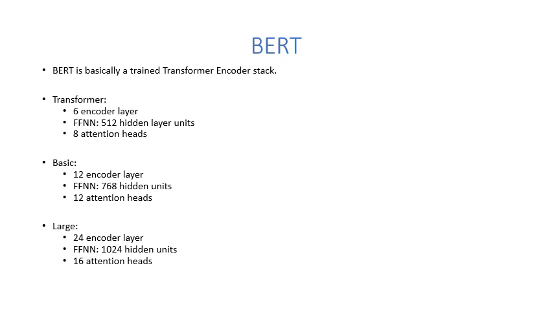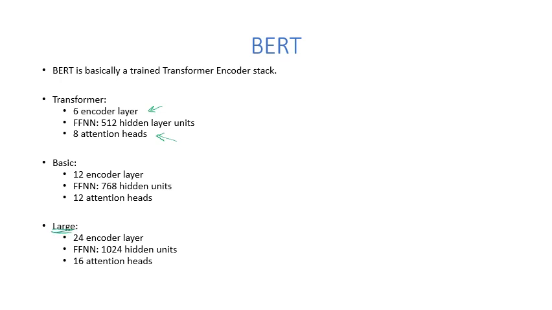BERT is a large model. You remember that the transformer had 6 encoder layers and 8 attention heads, and the hidden layer of the feed forward that we had in the transformer was 512.